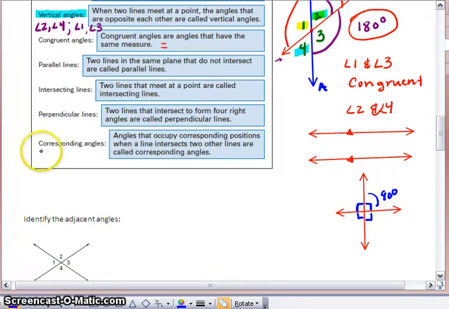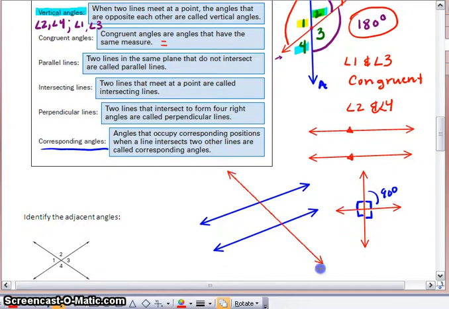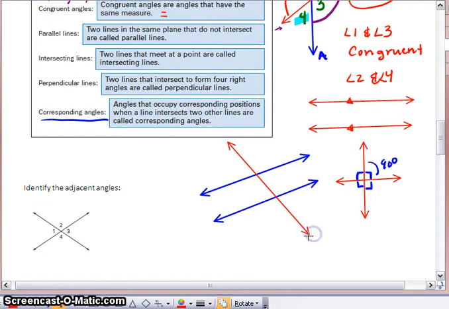Now, corresponding angles are a little bit different. I'm going to draw two parallel lines here. And then I'm going to draw a line that transects it, or crosses both of the parallel lines.